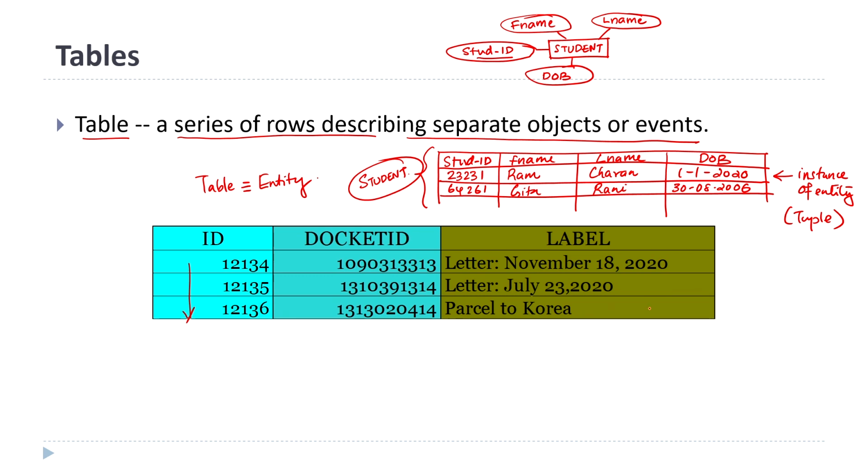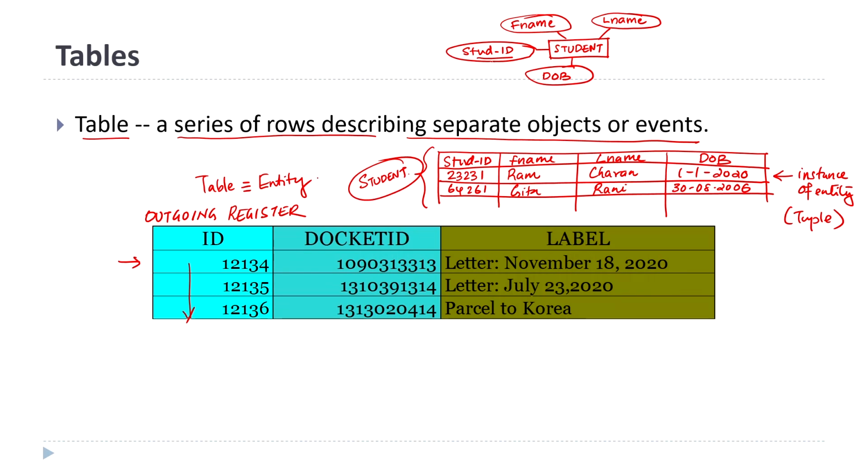So, it might be a register. So, this could be an entity which is like an outgoing register or something like this, and each one of them is an entry in the particular register. So, it is an instance of the register. Okay. So, that is what a table is typically all about in this regard.